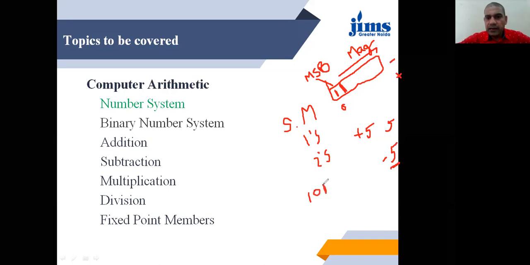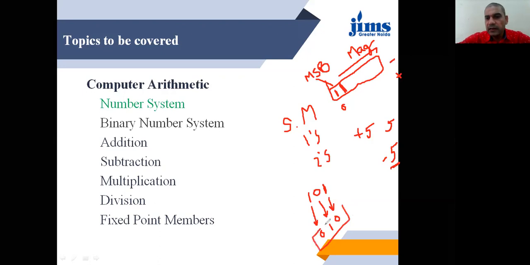After writing the original value, the plus value of the number, we replace every 1 with 0 and every 0 with 1. So instead of 1, this is 0. Instead of 0, this is 1. And instead of 1, this is 0. So this is the representation in ones complement.